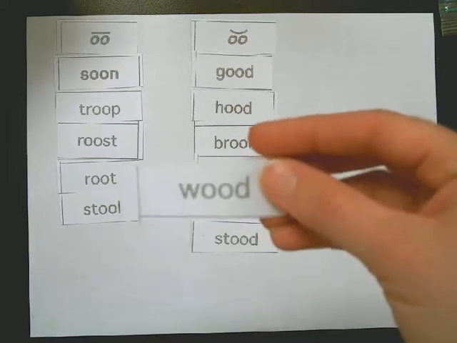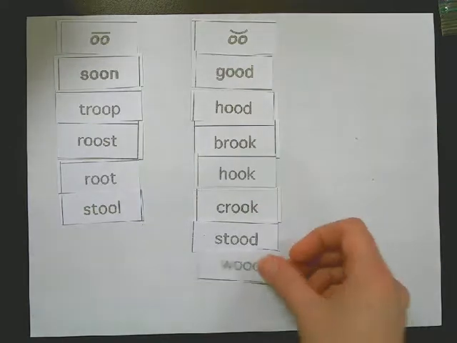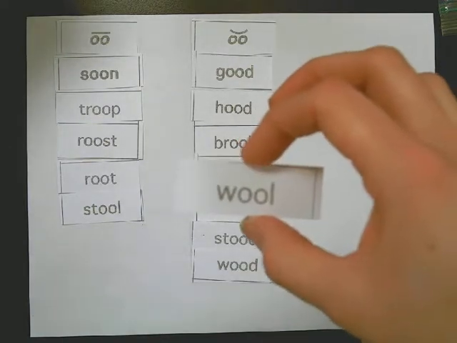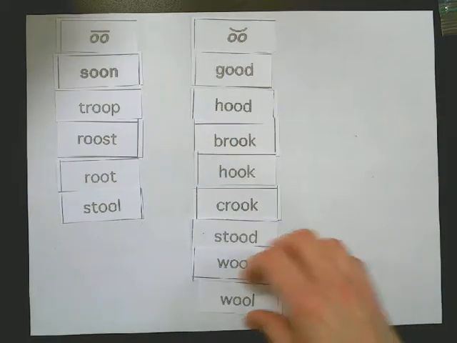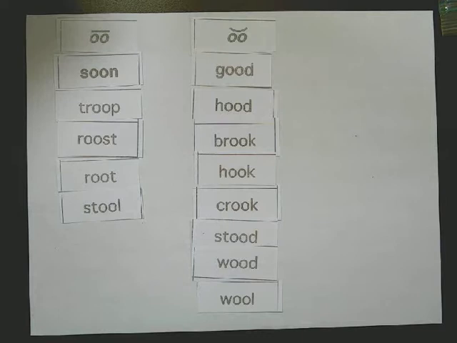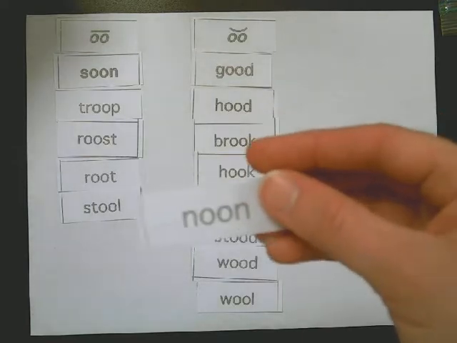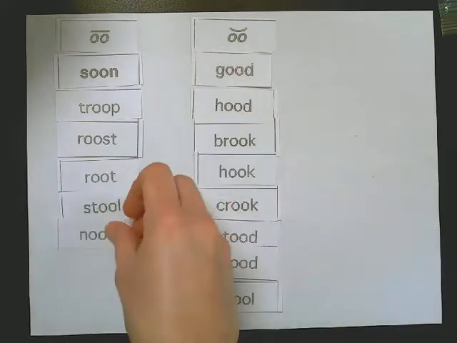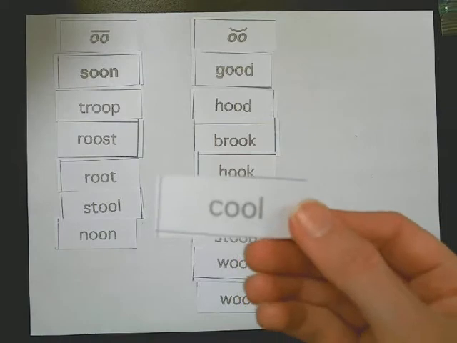This is the word wood, which has us put it over here like in good. Wool, like the wool of a coat, makes the same sound. Noon, in this word we hear the ooh sound like a long U. So we're going to put it over here with stool and root.